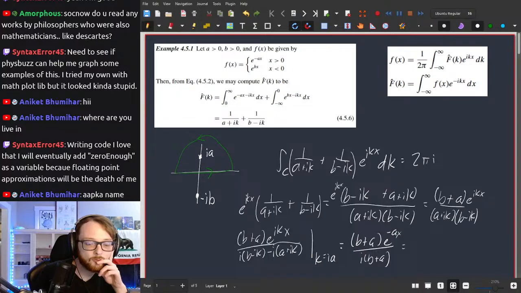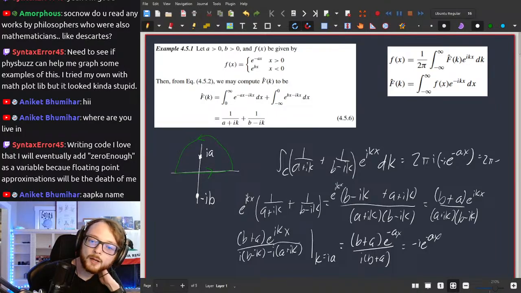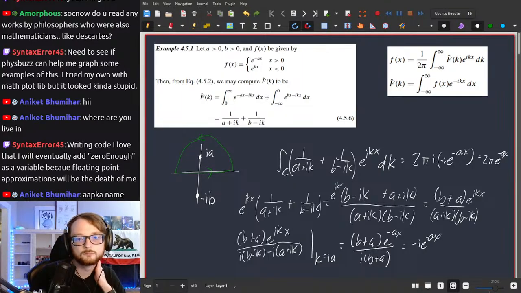So the b's cancel. Or the b plus a's cancel. And I'm going to rationalize it. So we minus ie to the minus ax. So then what gets plugged in here is that. So we just get 2 pi e to the minus ax. Oh, by the way, we need 1 over 2 pi.